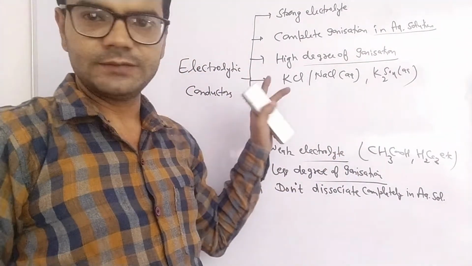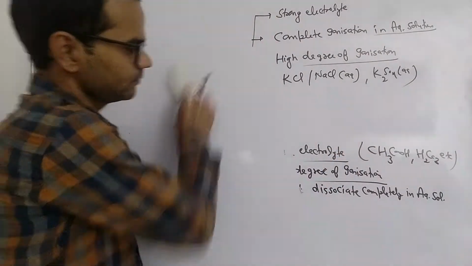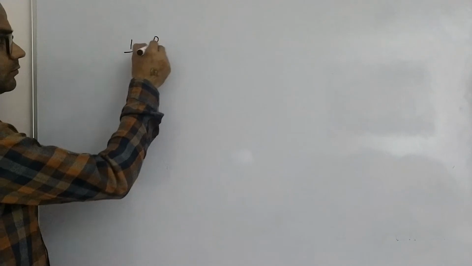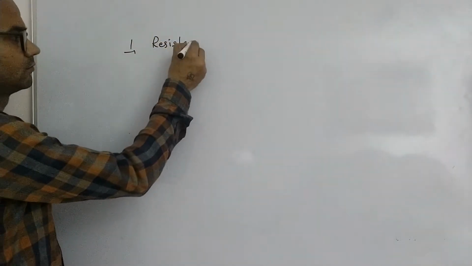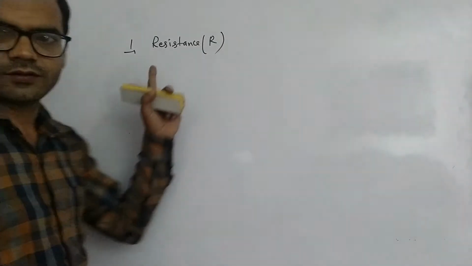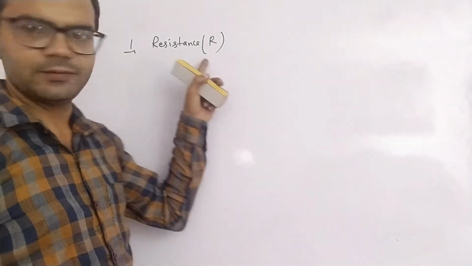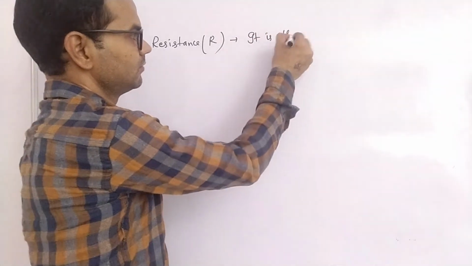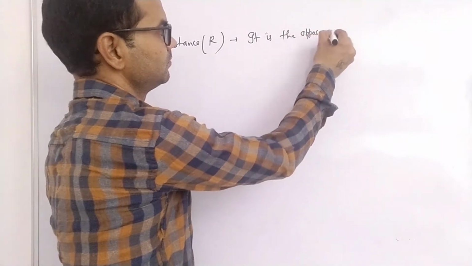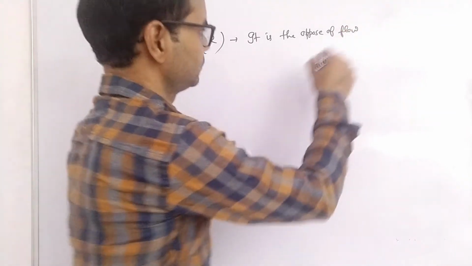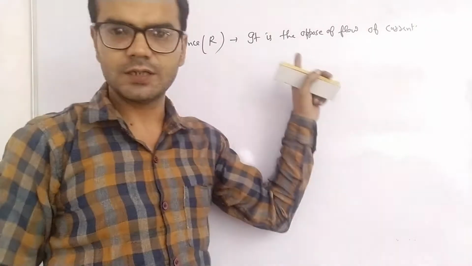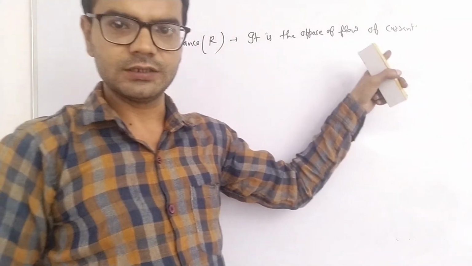Now next few terms again. First is resistance, denoted by R. What is resistance? It is the opposition to flow of current.